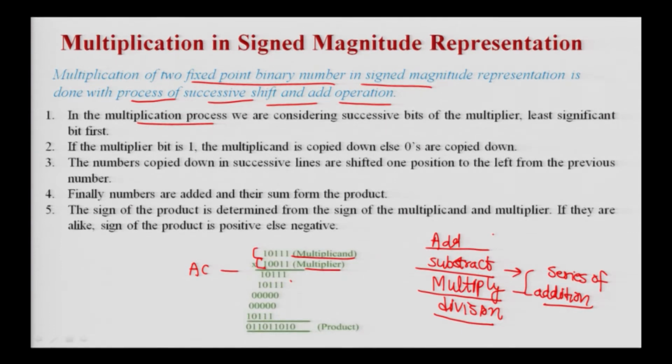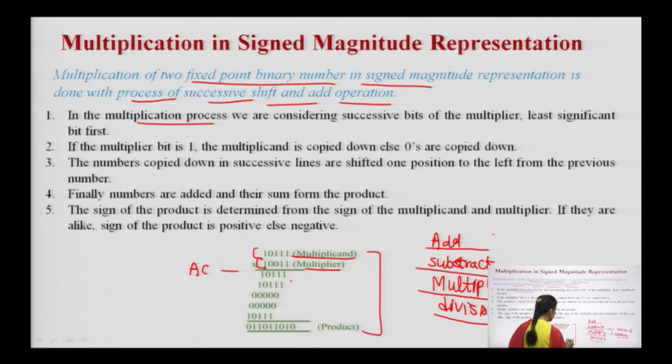This is how multiplication happens using paper and pencil, and this is our final product. So, if the multiplier bit is 1, the multiplicand is copied down, else zeros are copied down. The numbers copied in successive lines are shifted 1 position to the left from the previous number, and finally the numbers are added and we get the sum.